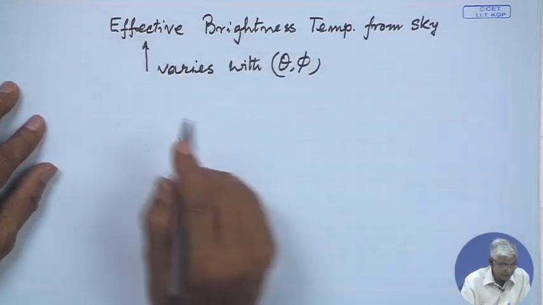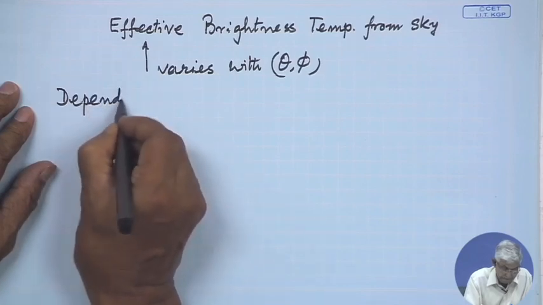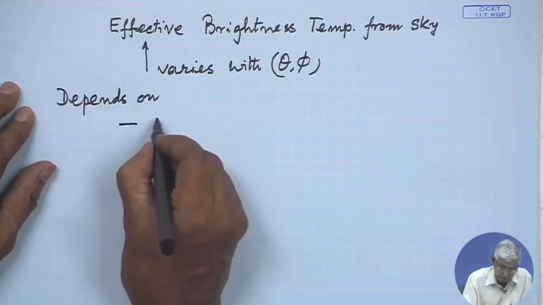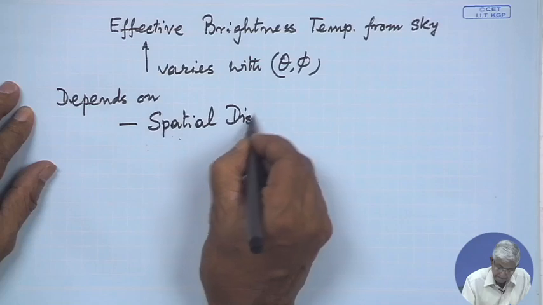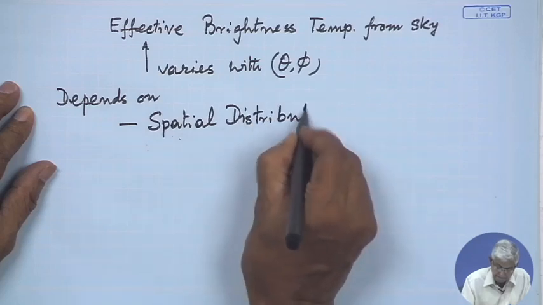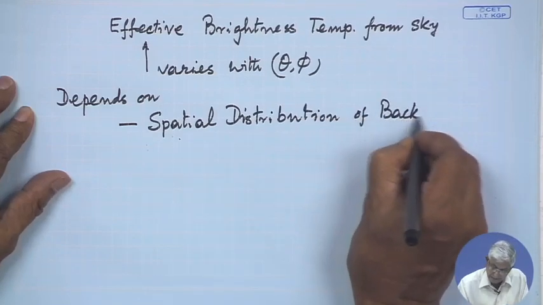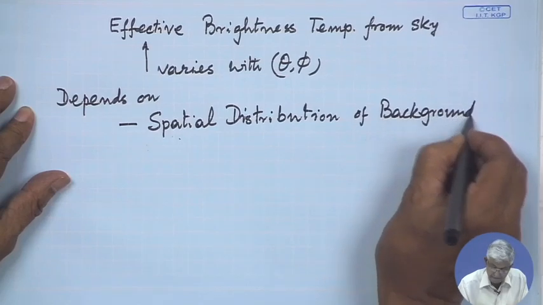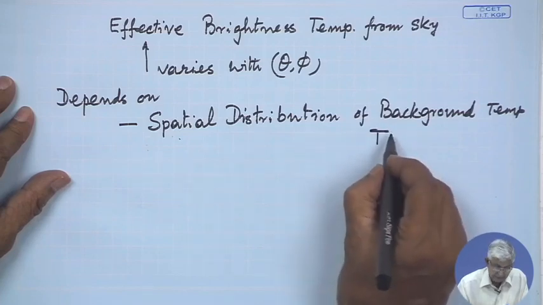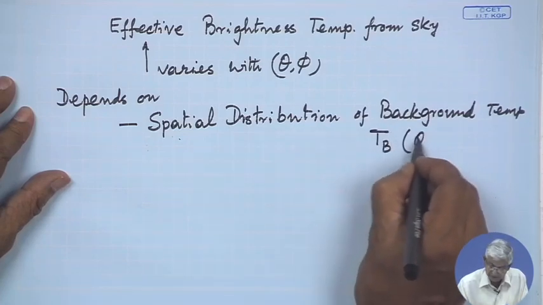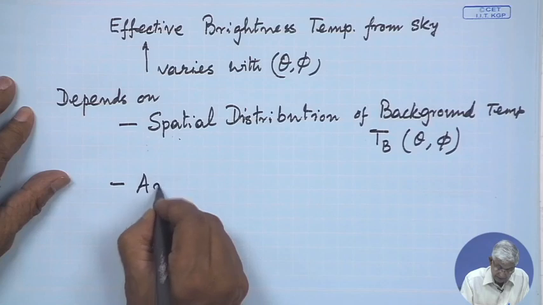So, we got the effective brightness temperature, which depends on one, the spatial distribution of background temperature, a curve we have seen, which you can term as T background, which varies with theta and phi, and another distribution, which is the antenna pattern.